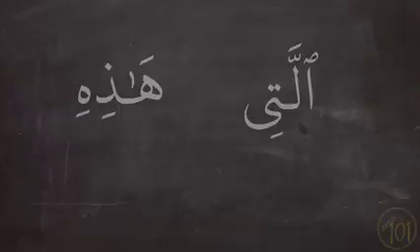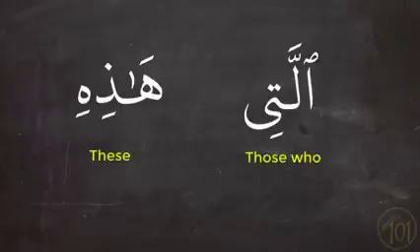Now you'll notice that I skipped 2 at the end, and these are هذه, which means these, and التي, which means those who. And I deliberately skipped these 2 because I think they're not mentioned often enough that you will have to worry about them that much. But then you will think, why did I mention them in the first place?